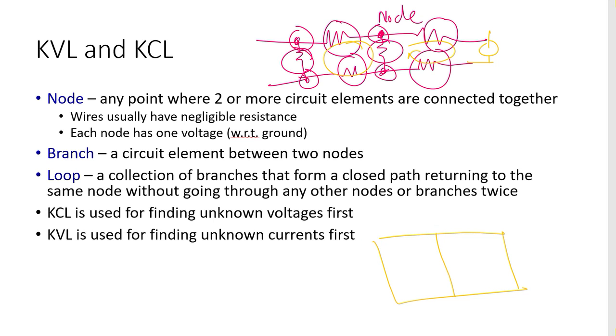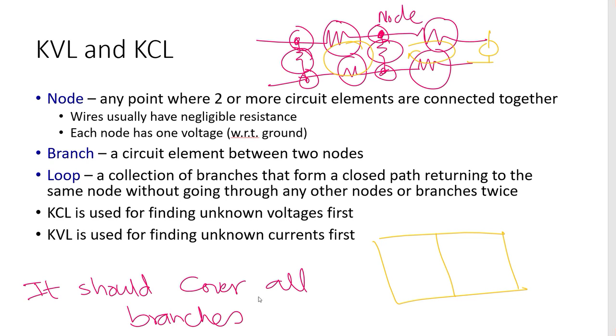We can also use loops in an indirect method, but the rule of loops is that it should not overlap two times in a single loop, but it should cover all the branches.